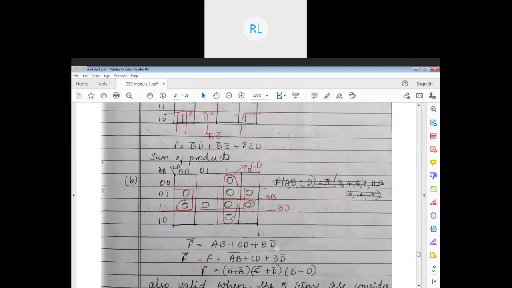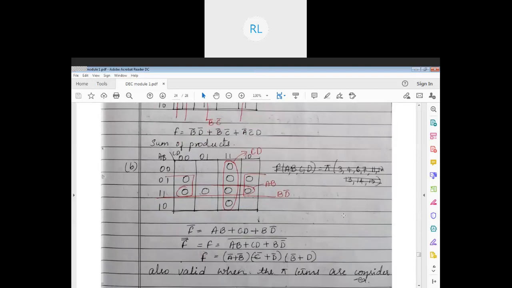So you will be getting an equation, which is AB plus CD plus B bar. So what we will do here is try to put a bar, and we will be using De Morgan's theorem.